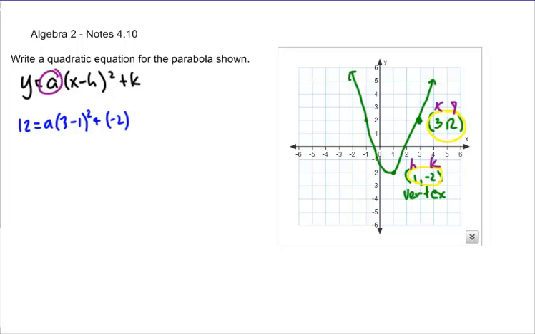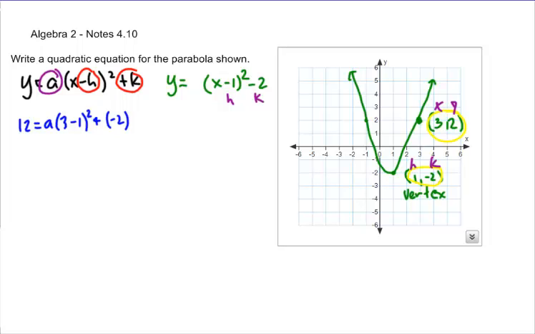And when I work this out, I'm going to wind up with a value for a, and then I can write the equation, because right now I know these two. I just need the a part. So if I'm writing an equation right now, I'd say y equals something times x minus 1 squared minus 2. Here's my h. Here's my k.